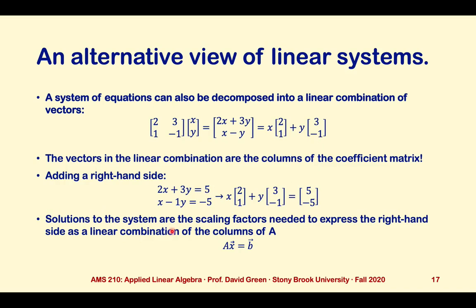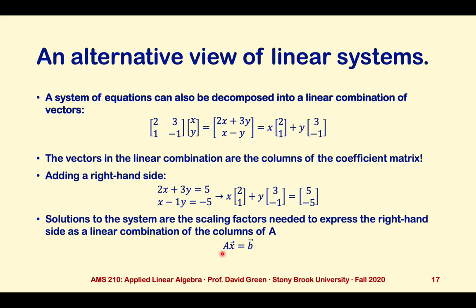What is a solution to the system then? A solution is a pair of x and y that satisfy these equations. That means it's a pair of x, y that satisfy this linear combination. Solutions to the system are the scaling factors that we need to express this right-hand side as a linear combination of the columns of this coefficient matrix.